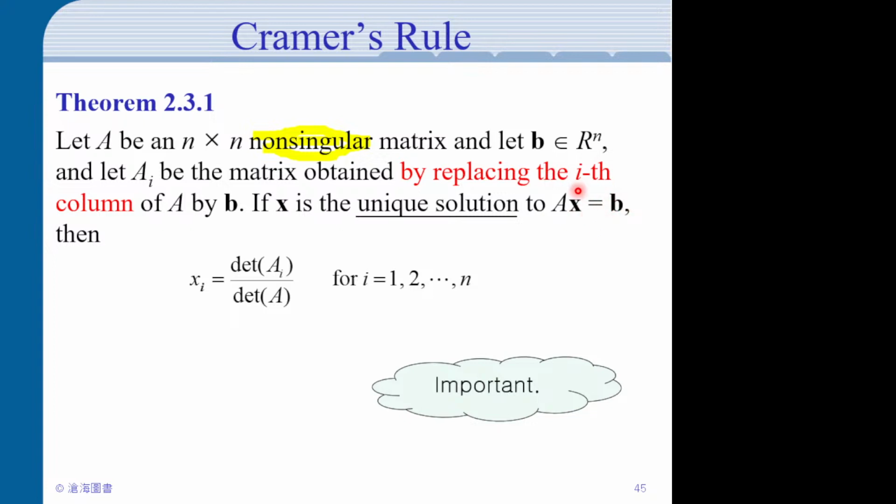Another way to say it: B and X are like n by 1 matrices. Anyway, B and X all have n values, and here we are writing out each component of X. So we are saying the ith component of X is the determinant of this weird matrix A_i divided by the determinant of A. And A_i is a weird matrix where we replace the ith column of A by B. Maybe that's true, but we'll have an example.